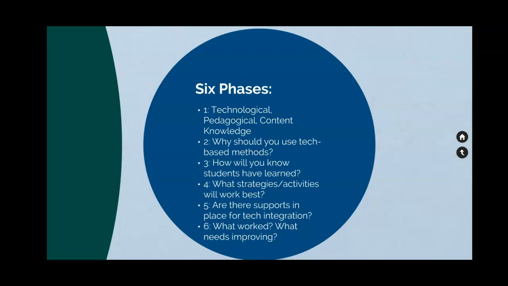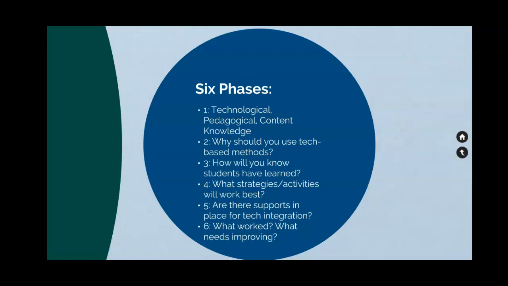Phase number 3 is, how will you know that students have learned? So when using the TIP model, you want to plan how you might design appropriate assessments to ensure that your students are learning with the tech integration.